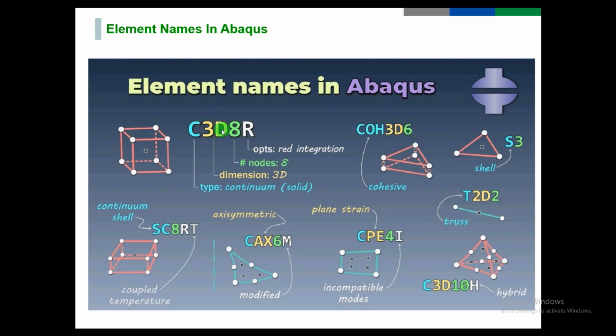For example, in C3D8R, when we use R as the last character of the element's name, it means reduced integration points. Or I means incompatible modes. And T is for coupled temperature: when you use temperature simulation and use T, it means coupled temperature.